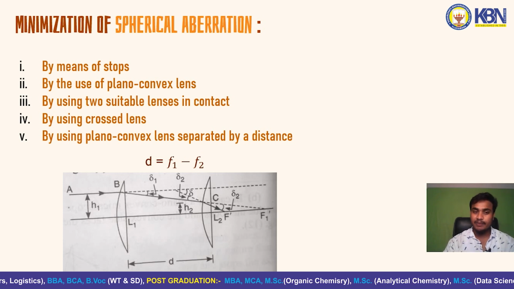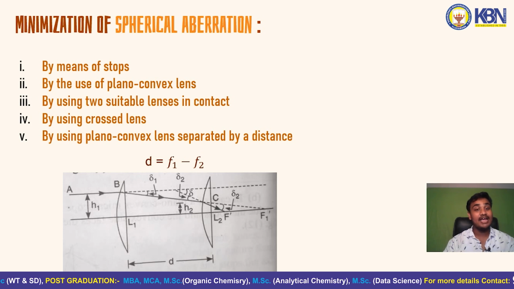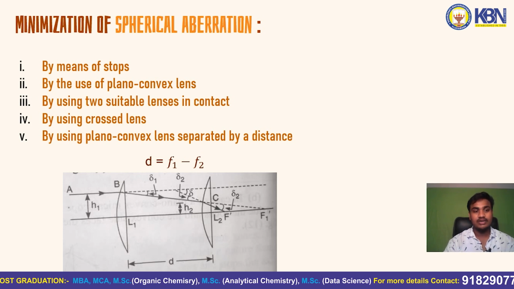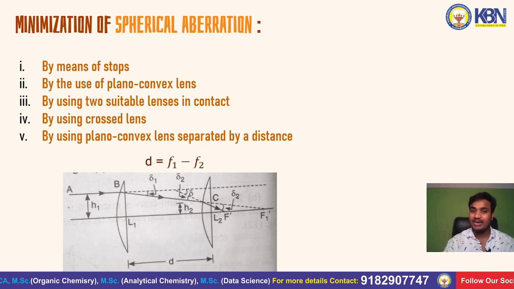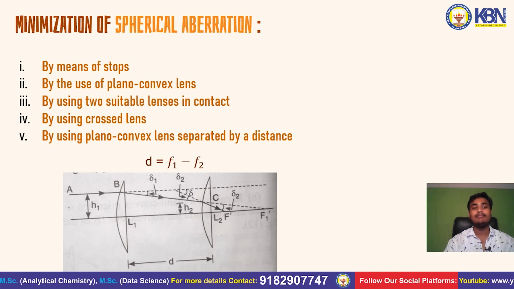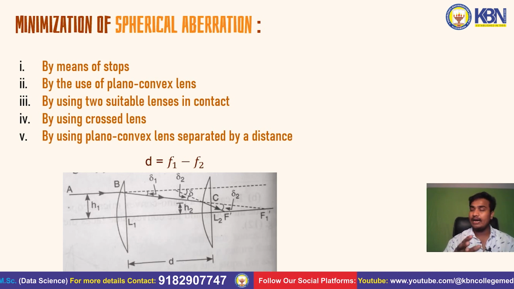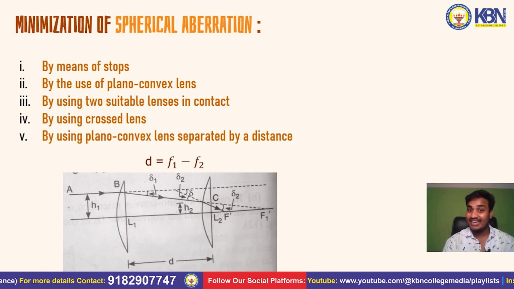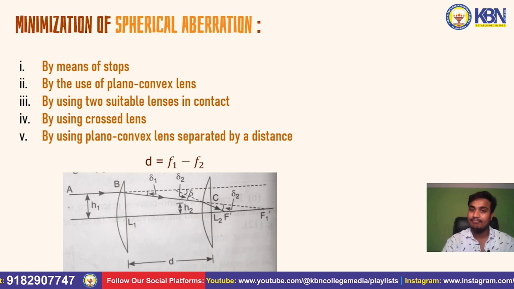It can be minimized by the use of a plano-convex lens. It can also be minimized by using suitable lenses in contact, and by using crossed lenses. The next one is using 2 plano-convex lenses separated by a distance.